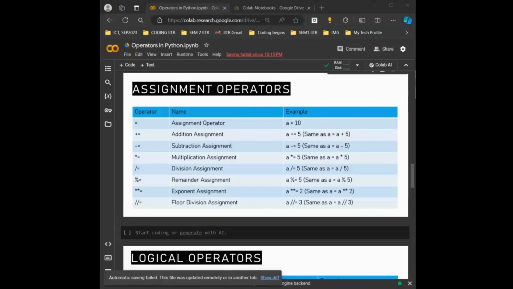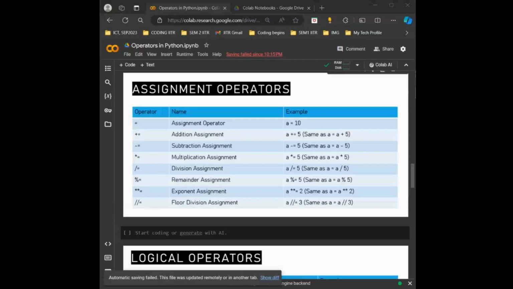Coming to the second category, plus equal to, addition assignment. What does it mean? The number 5 will be added to A and the result will be stored in A again.